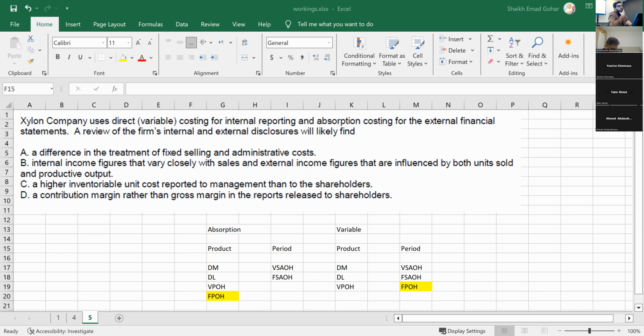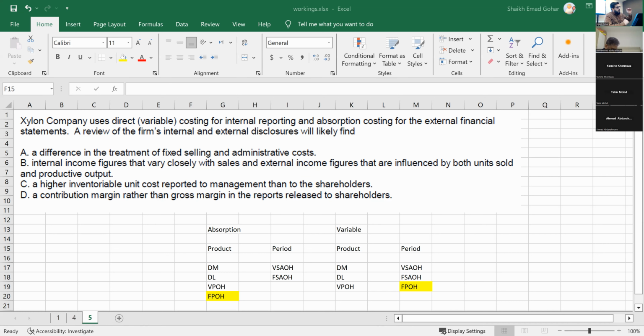What about option D? They're saying contribution margin rather than gross margin in the reports released to shareholders. So to shareholders, which method am I reporting on? Absorption costing. In absorption costing, the terminology we use is gross margin. In variable costing, we use contribution margin.